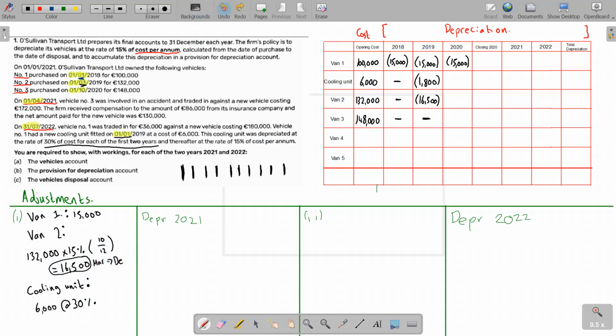So now for the adjustment for 2020, it's going to be just 132,000 at 15% for the whole 12 over 12. So that is 19,800.